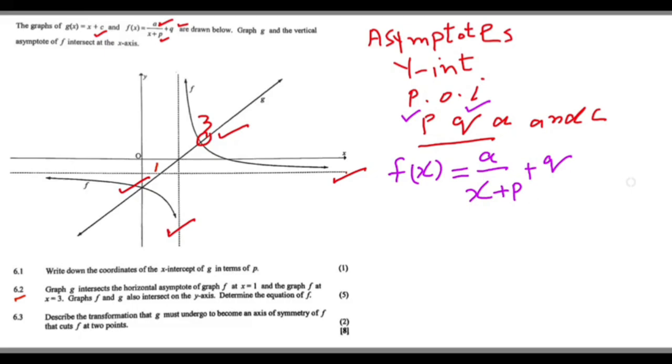Now the equation of the horizontal asymptote will be y is equal to q. So g intersects the horizontal asymptote at x equal to 1, which means the x value is 1 and the y value will be q.